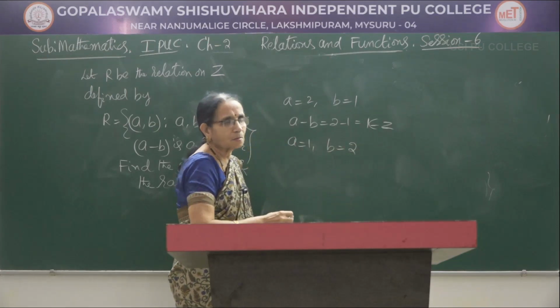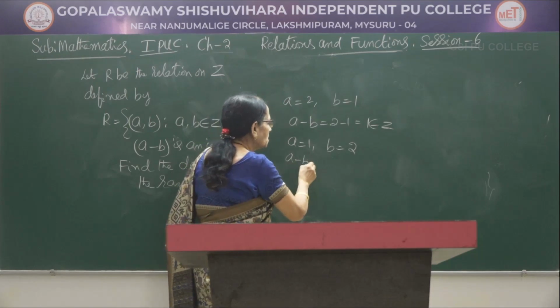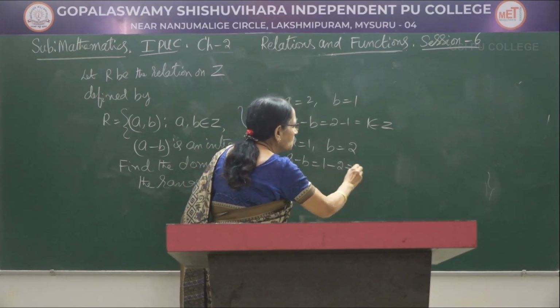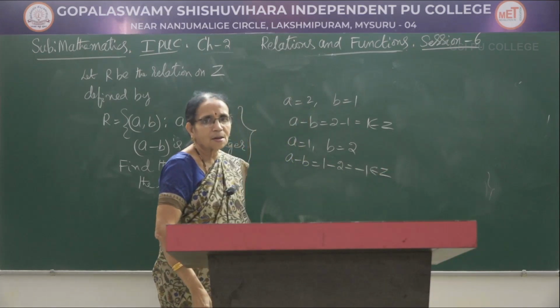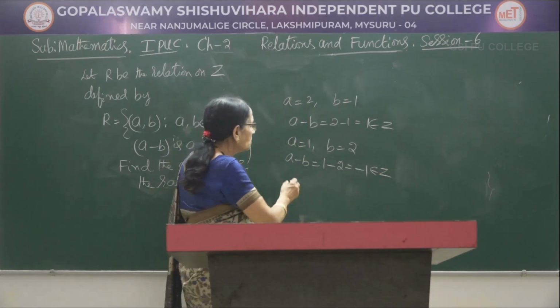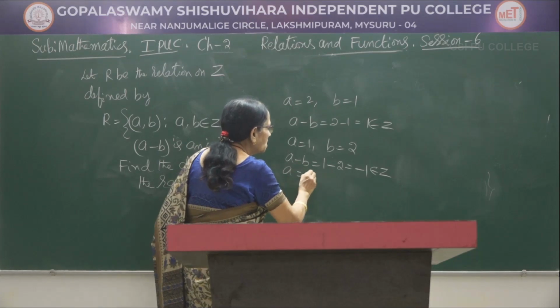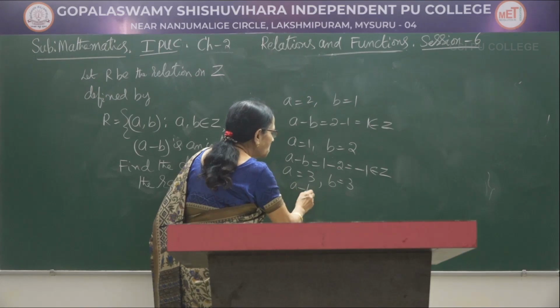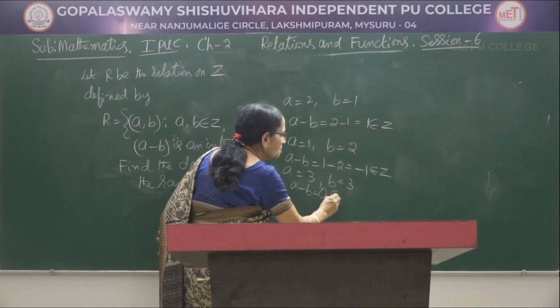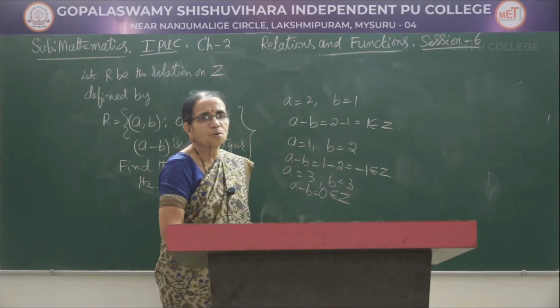I am taking the reverse order. Then, what would be A minus B? 1 minus 2 is minus 1, this also belongs to Z. Correct? Now, suppose I take A to be 3, B to be 3. Then A minus B is 3 minus 3, which is 0, that also belongs to Z.